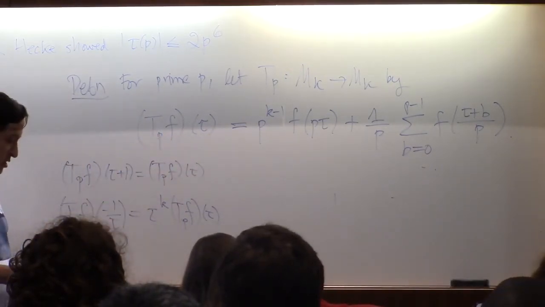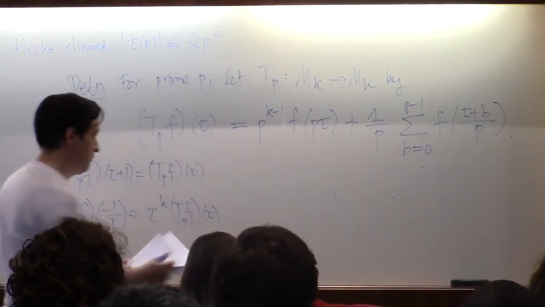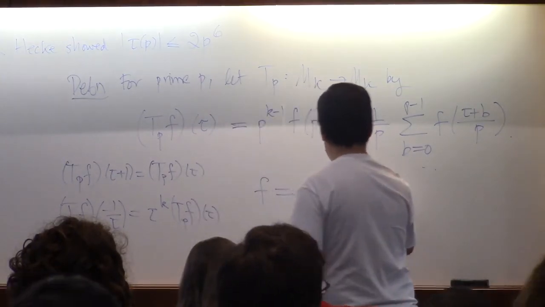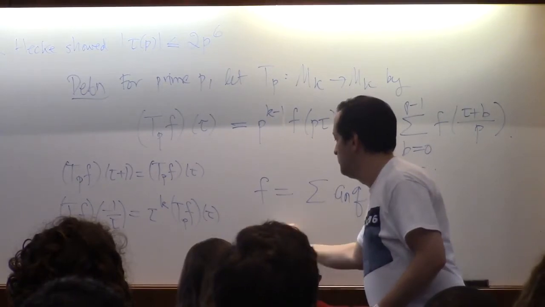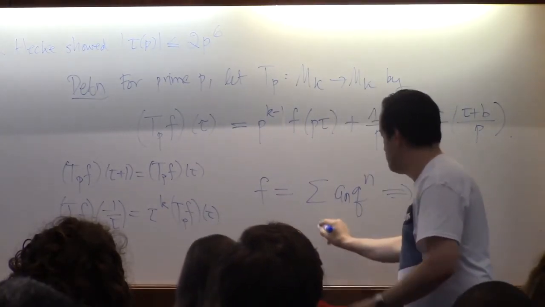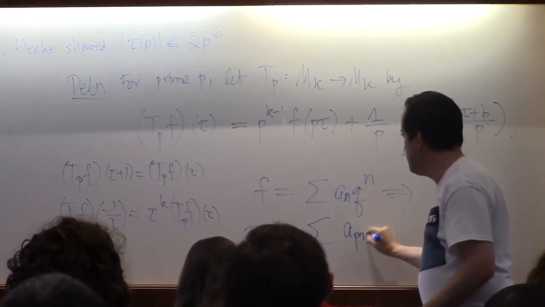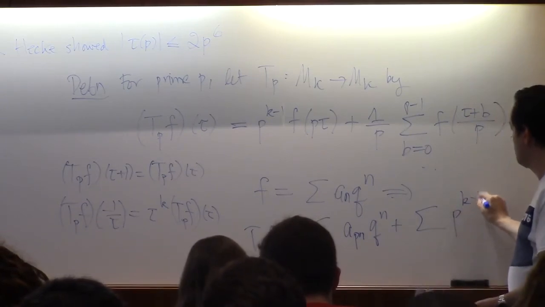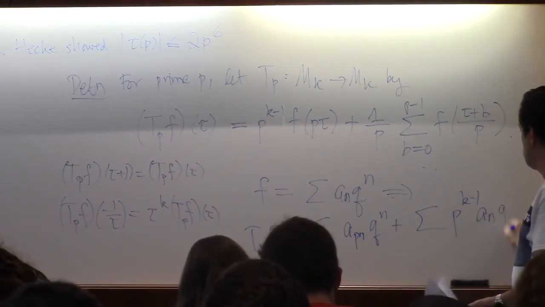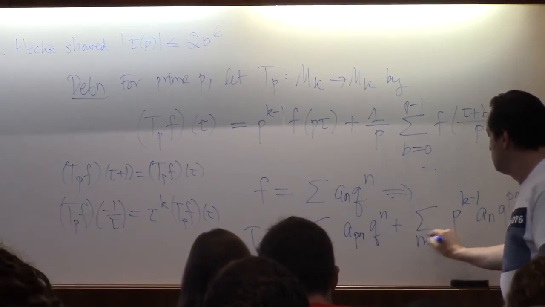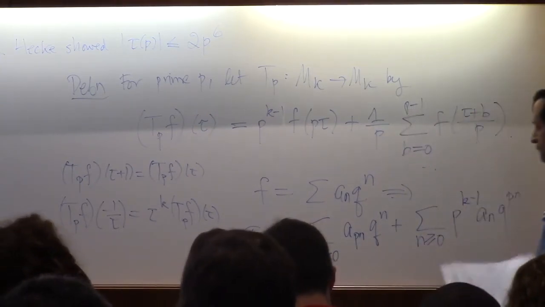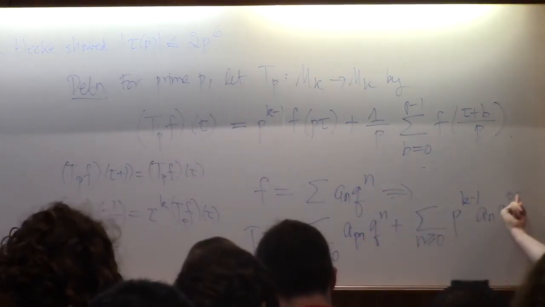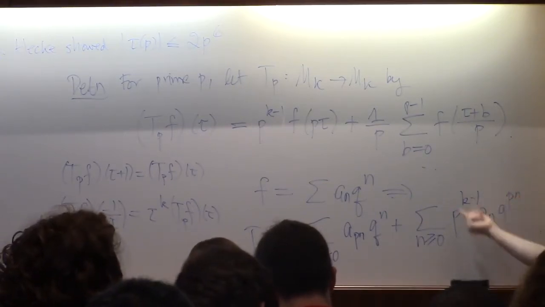So this actually is a modular form, and in terms of q expansions, if f is the sum of a_n q to the n, then T_p f is the sum of a_{pn} q to the n plus the sum of p to the k minus 1 a_n q to the pn. So on the q to the n, a_n gets replaced by a_{pn}, but if the exponent is divisible by p, then you get some additional terms.